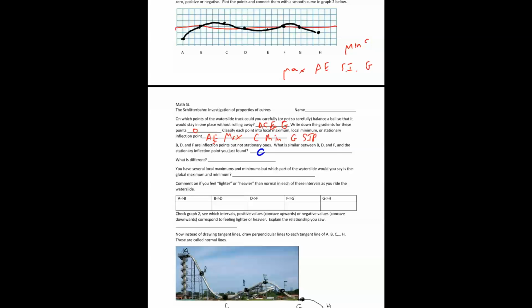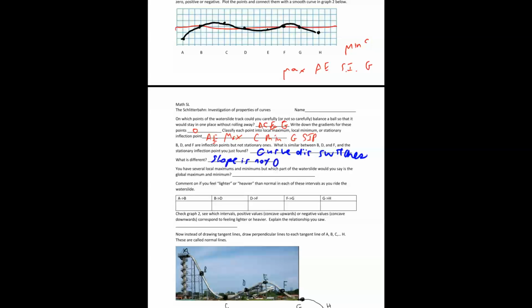The curve direction switches, like you have the steering wheel to the left and then you change it to the right. That's the inflection point. The difference is that the slope is not zero for B, D, and F.